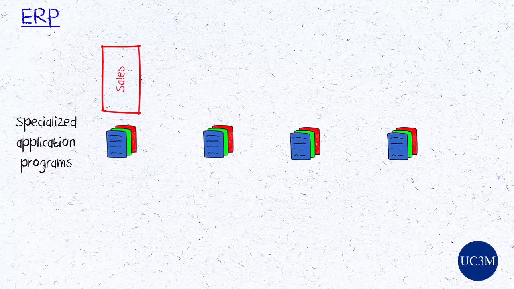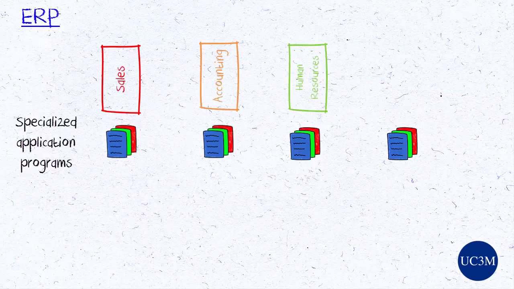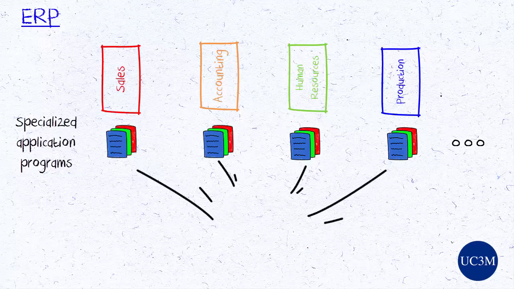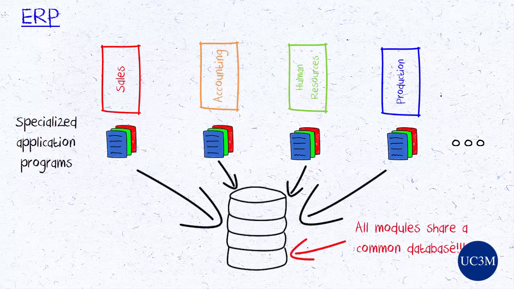Thus, an ERP might include an accounting module, a human resources management module, a production management module, and so on. The difference between an ERP and a mere collection of specialized management information systems is that all modules in an ERP share a common database.